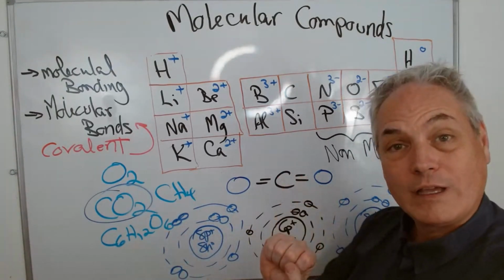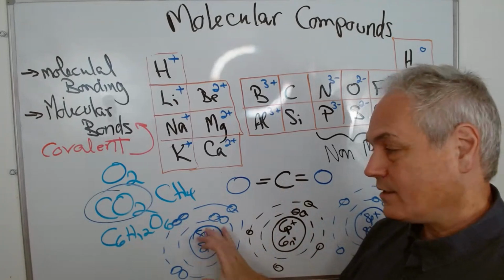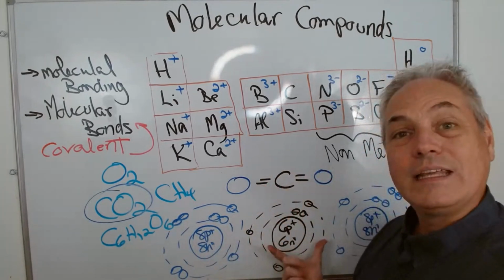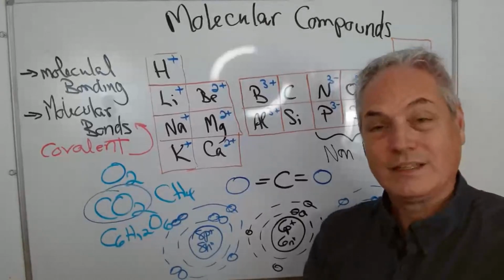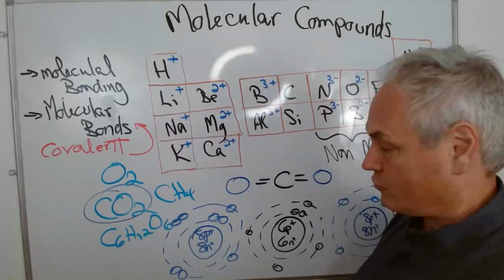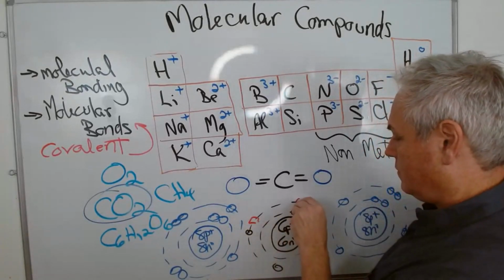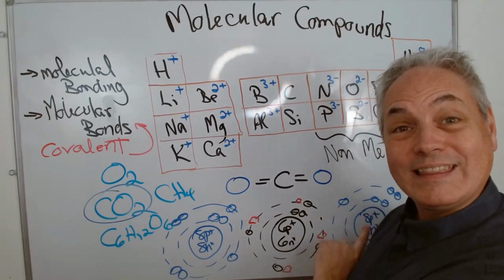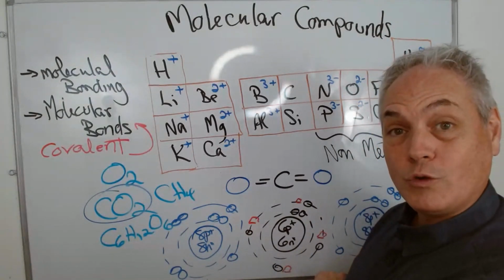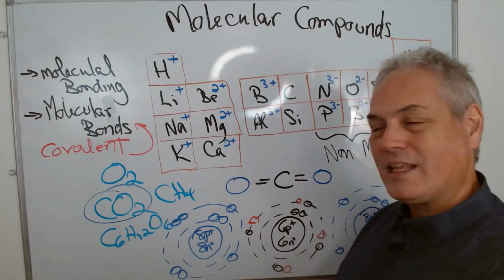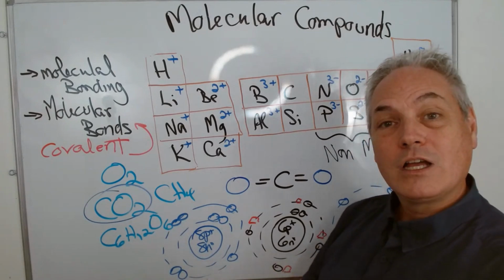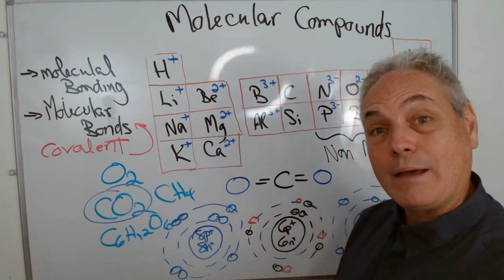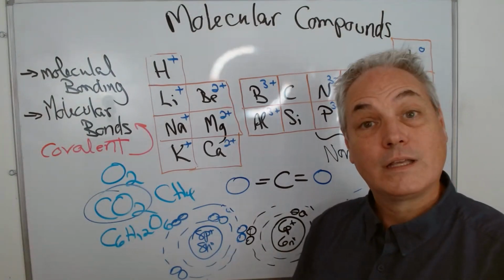Now, how do they get together? The oxygen wants to have 2 more electrons. Here, the carbon would like to have 4 electrons. So that's tricky. And that oxygen also wants to have 2 electrons. So what they have to do, they have to say, okay, if we get together, we will have to share the electrons. So let's see what happens. So there you go.